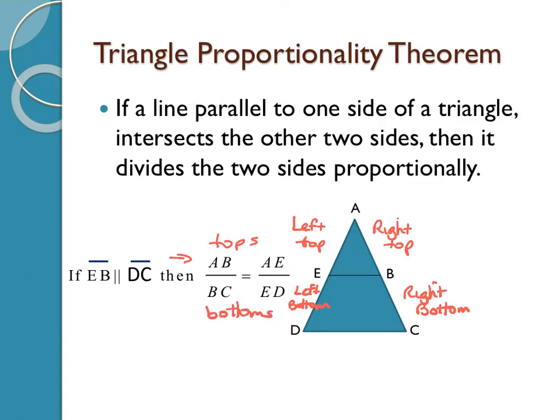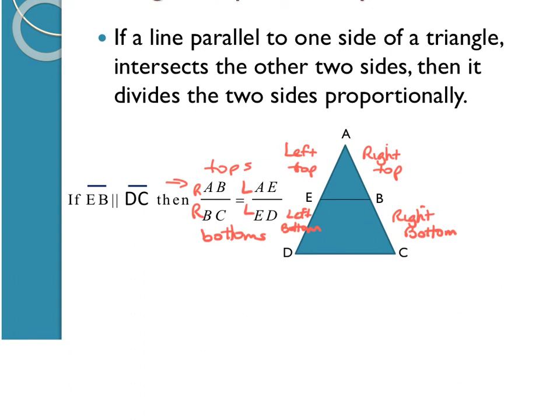So these are right, right, left, left. You could have also flipped it if you would have rather put the left side first, AE over ED, AB, BC. This is the same thing, I just flipped the sides.